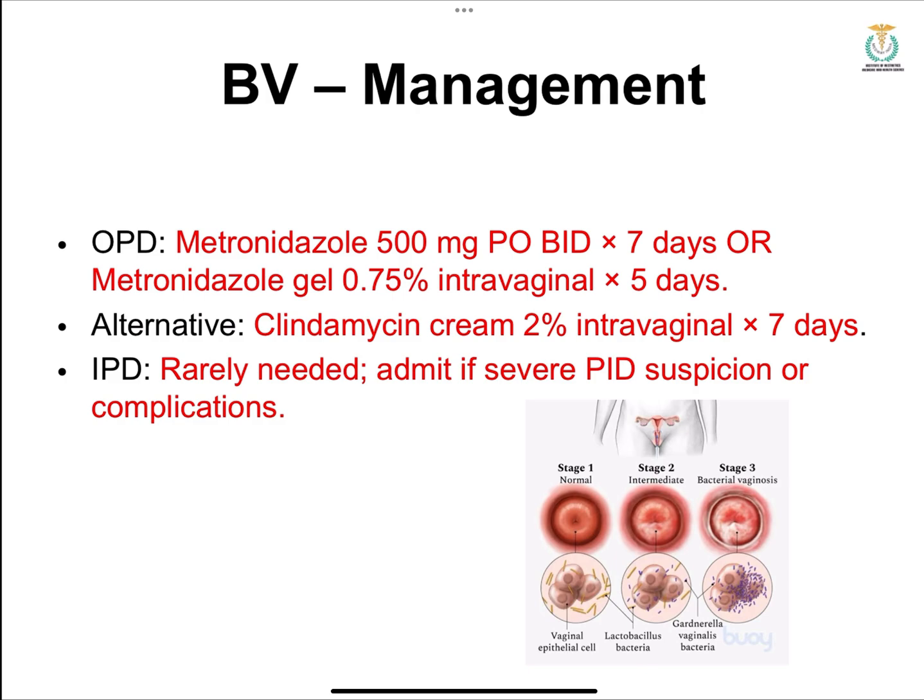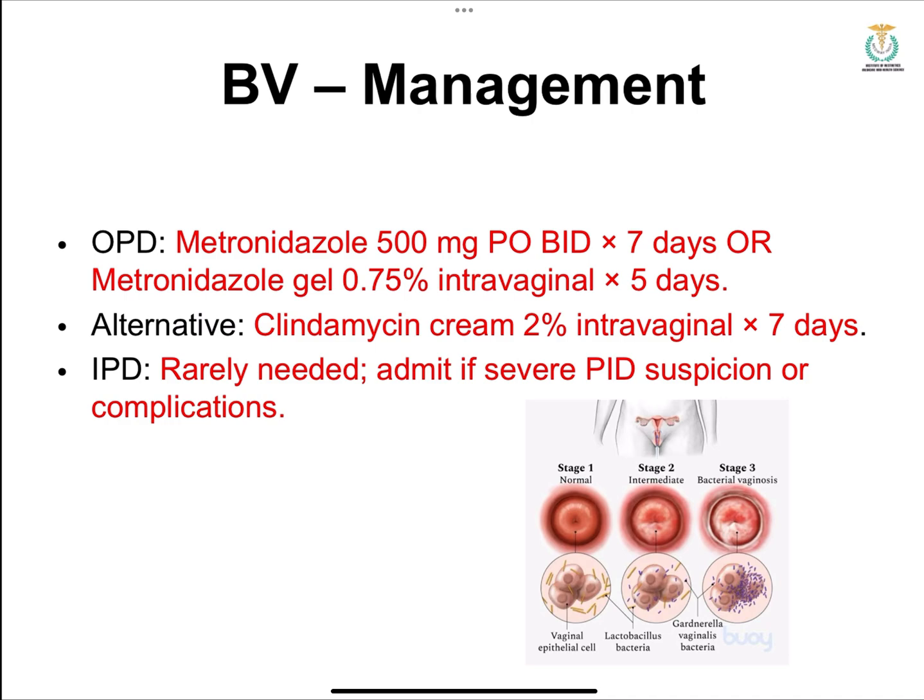An alternative you can give is clindamycin cream 2% intravaginal for 7 days. This is the OPD management. IPD is rarely needed, because usually this is an OPD case. Admit the patient if there is suspicion of severe pelvic inflammatory disease or complications, and do the treatment accordingly.